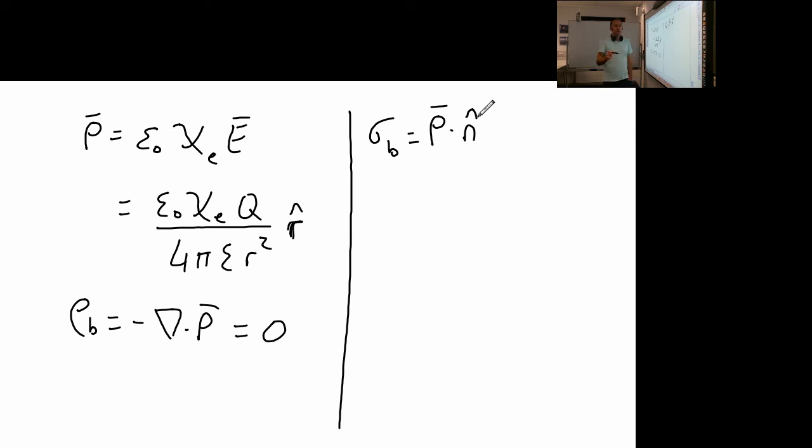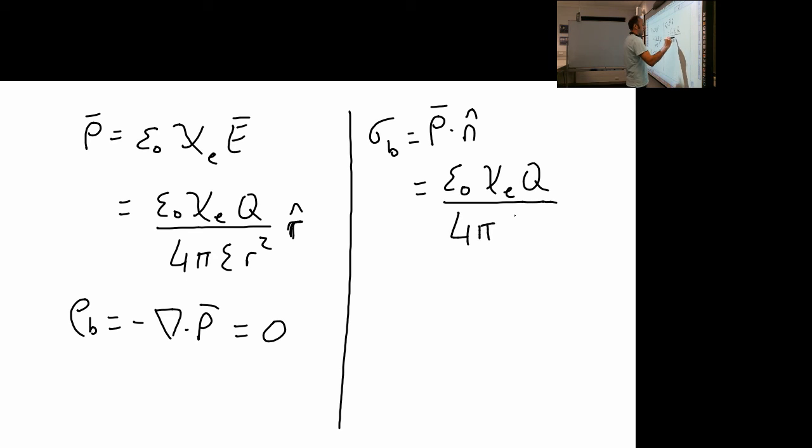And we're going to do this for both the outer surface, which is located at B, and the inner surface, which is located at A. And what we would obtain then is epsilon naught chi E Q divided by 4 pi epsilon B squared. Okay, so this is for the outer surface.